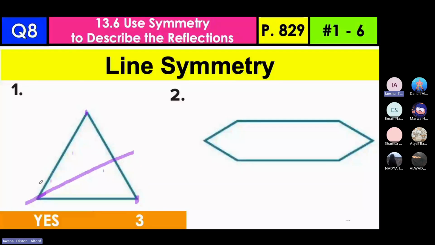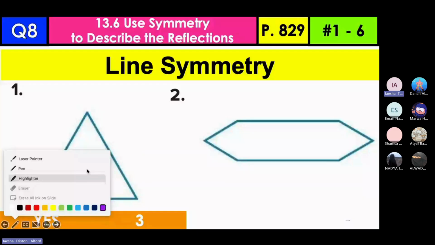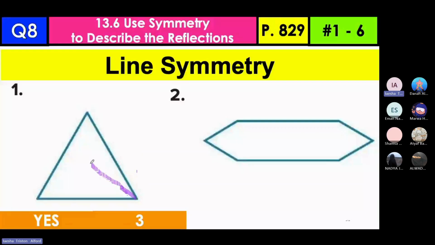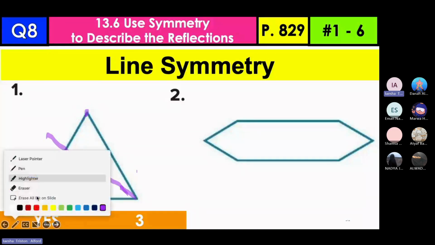If I fold a piece of paper here, they will meet. That is the second line. Then you can make a third line going across this way. If I fold this corner, they're going to meet each other, so it is a correct line of symmetry. You have 3.